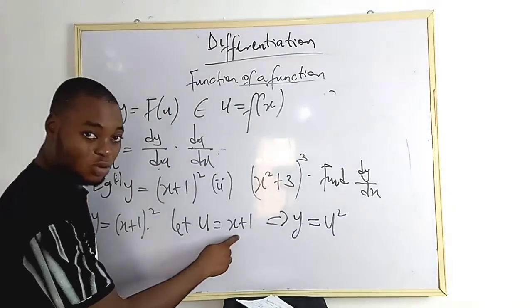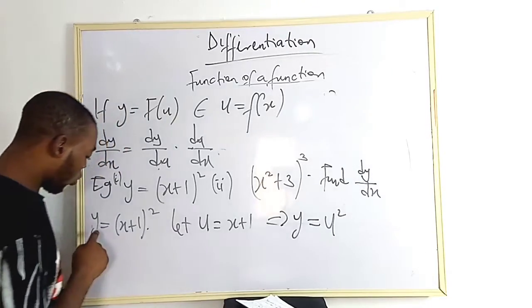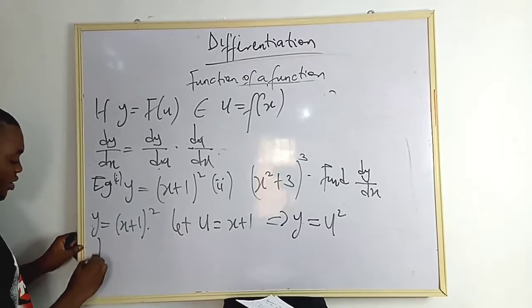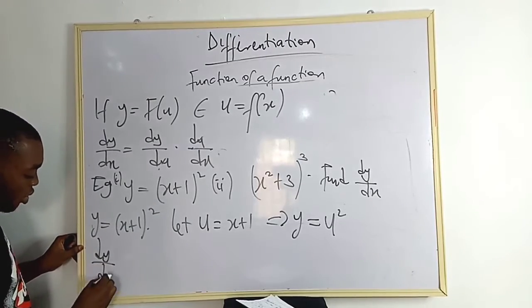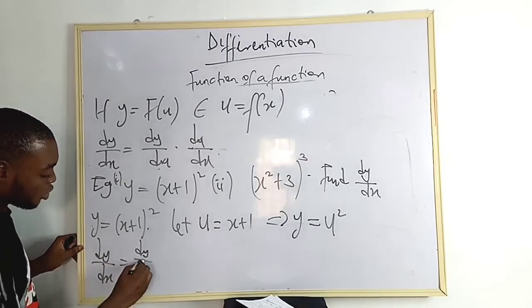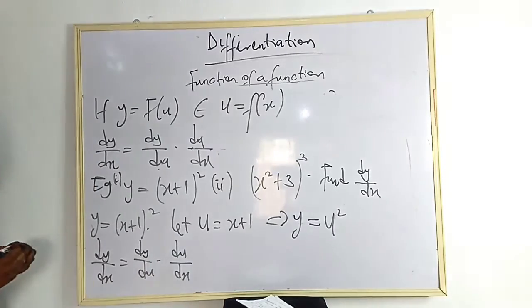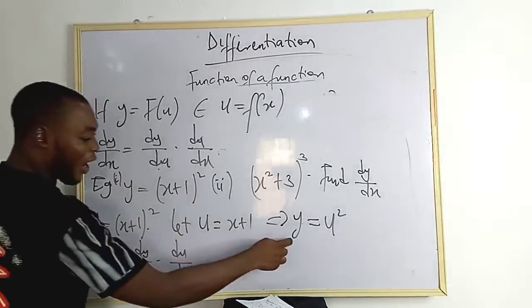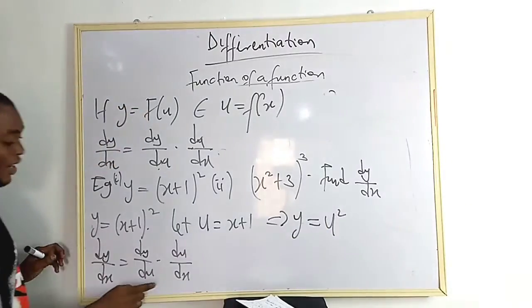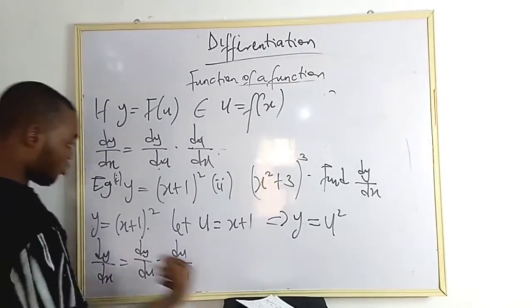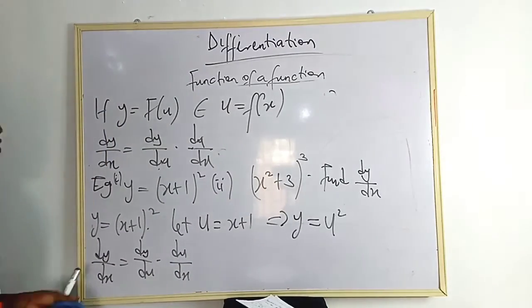Now you use the formula: dy/dx equals dy/du times du/dx. First, you find dy/du by differentiating y with respect to u. Then you find du/dx by differentiating u with respect to x. Now you multiply both of them together.